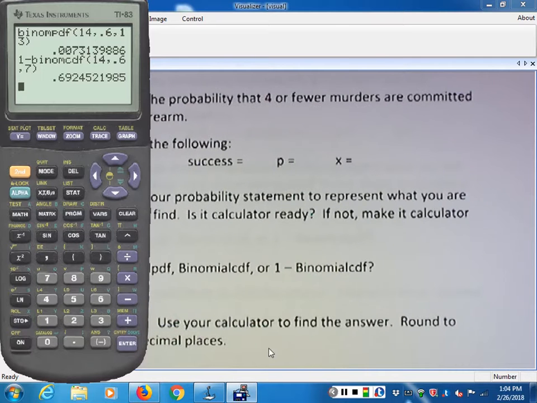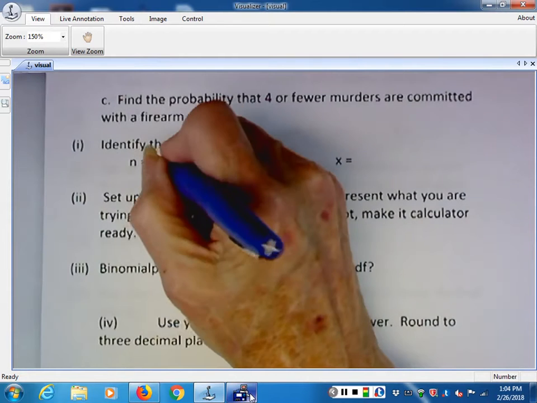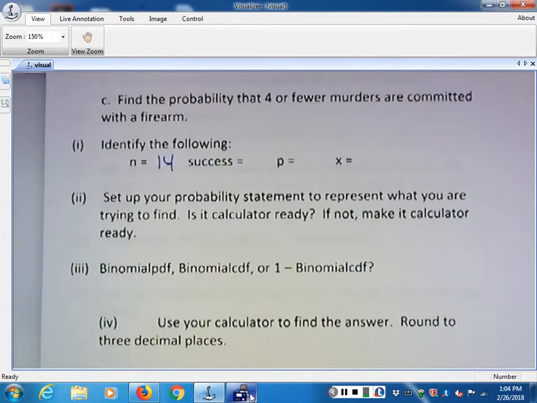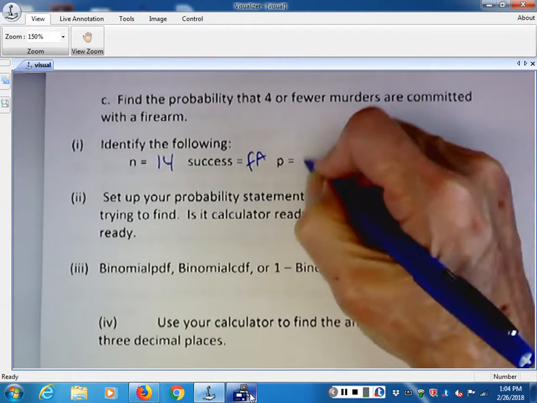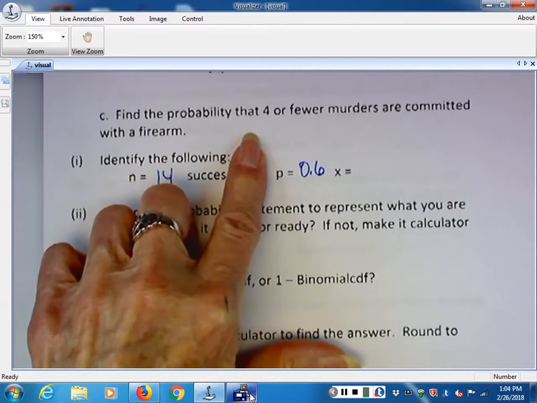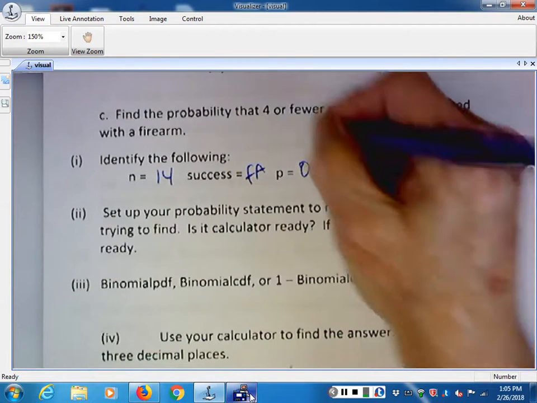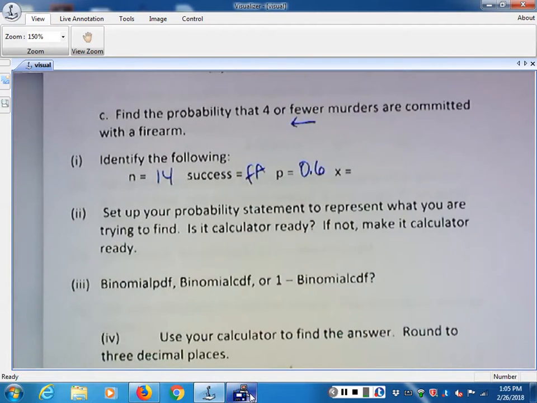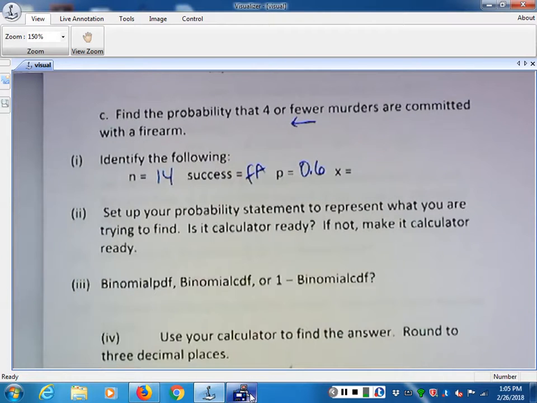Same setup. Same values of N and P. So N is 14. Success is still firearms. Probability is still 0.6. It says 4 or fewer. Fewer says you're going down. Is 4 included or not? Yes.